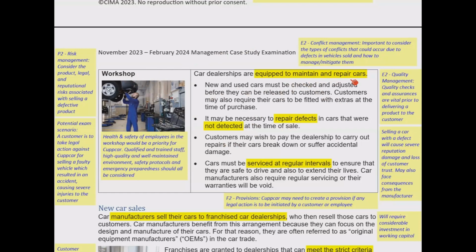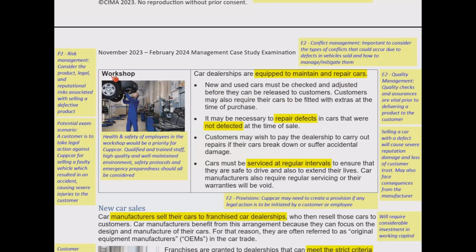Similarly, what if I had a minor crash in my car? Well, let's hope it's minor. I might need to get my car repaired. I could take it to the dealership's workshop. So both new and used cars will be brought to a workshop for maintenance, for repairs, for servicing.